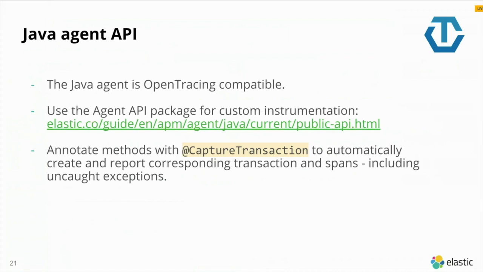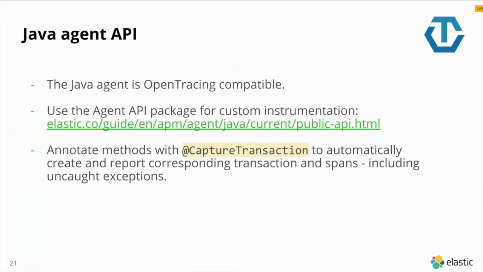If you don't use any of the frameworks that we support out of the box, or if you want to do some custom instrumentation, that's possible as well. The agent comes with an agent API package that you can add to your application.